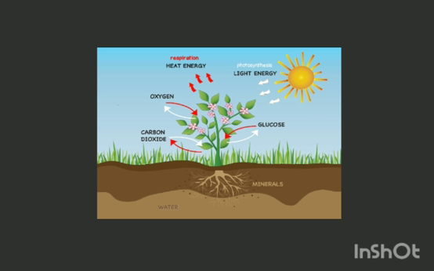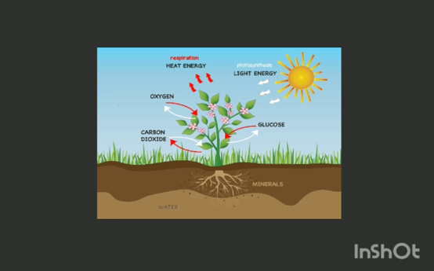Do plants also respire? Like other living organisms, plants also respire for their survival. In respiration in plants, we know that plants also respire. They take in the carbon dioxide present in the atmosphere and use it in the process of photosynthesis to produce food.